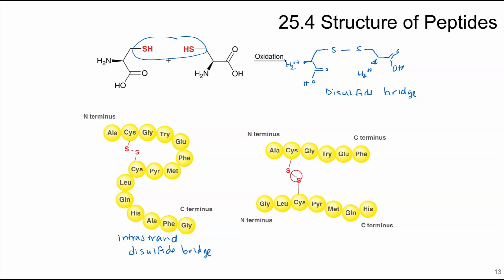If you have a disulfide bridge between two different strands, this is an interstrand. Any of these disulfide linkages will affect the 3D structure and the function of many proteins, such as curly hair. Curly hair is made from disulfide bridges.